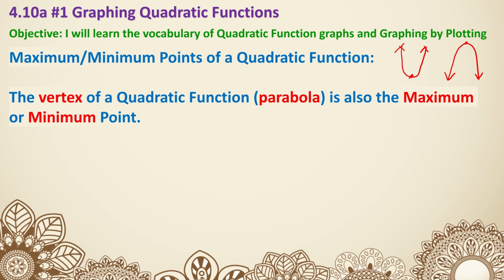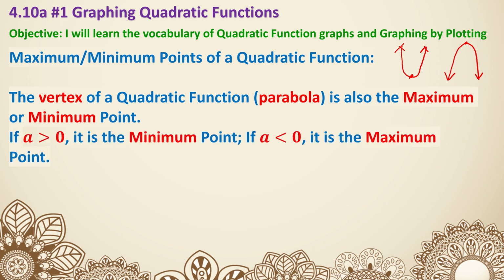And that is all decided by the value a. If a is greater than 0, which actually means it's opening up, it's going to be a minimum point. If a is less than 0, which means it actually opens down, then we actually have a maximum point. So there you go. A decides the direction where our parabola opens.